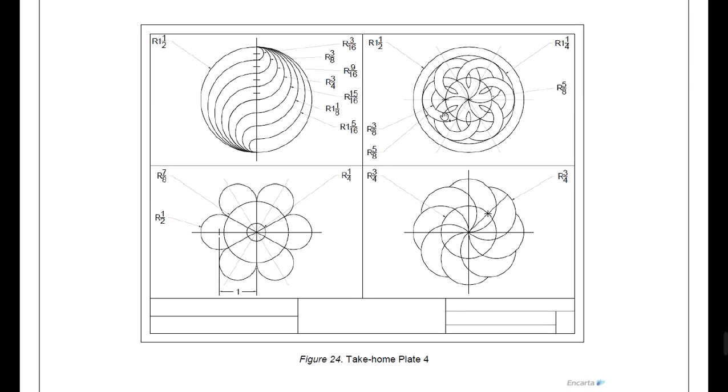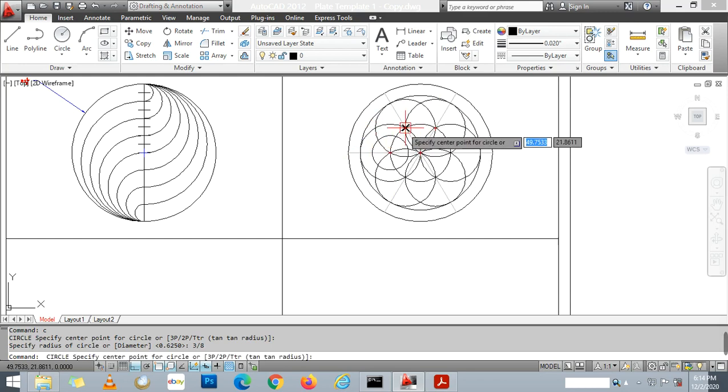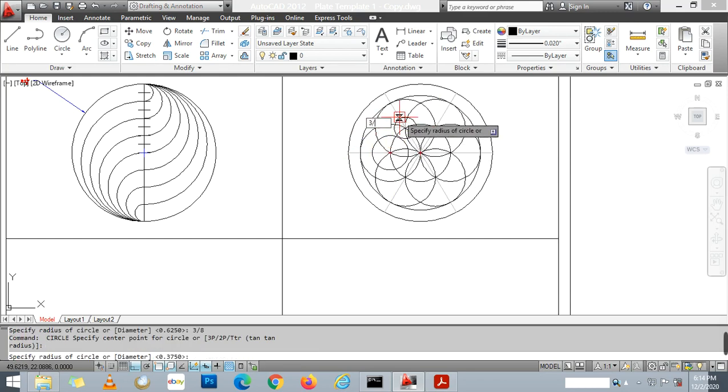Then the inner circle has 3/8 radius. So 3 divided by 8. Then 3 divided by 8.